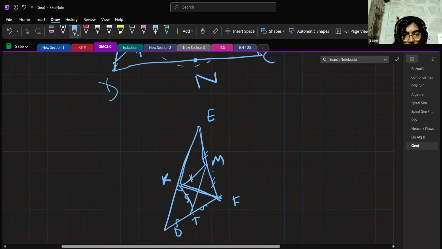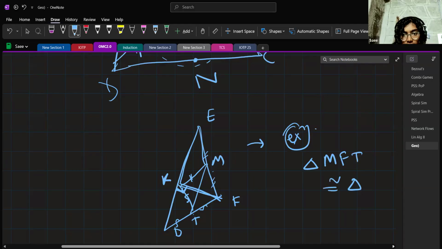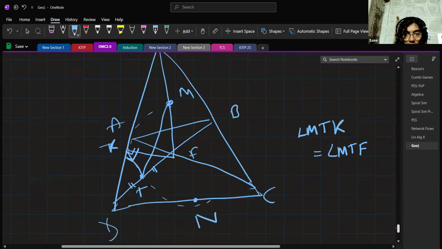So first of all, this is 90. So first, this is a nice exercise: triangle MFT is congruent to triangle MPF. And that gives us that angle MTK has to be equal to angle MTF.